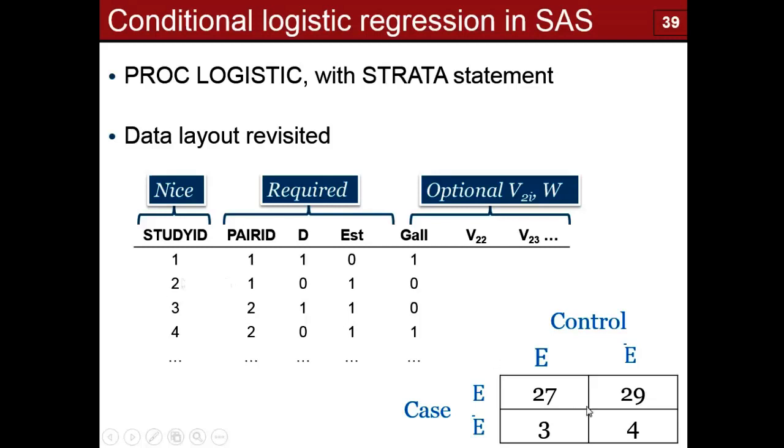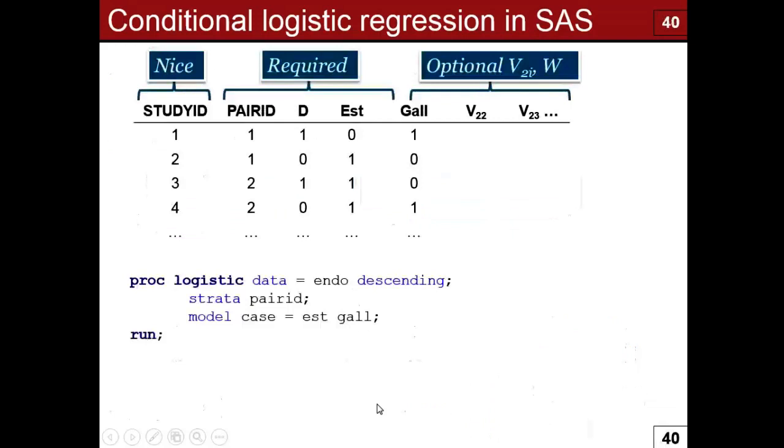This, again, is the data layout that we're dealing with. In this endometrial cancer example, we hope we have 126 observations, because that's going to correspond to 63 pairs. So pair IDs 1 to 63 will be 126 people.